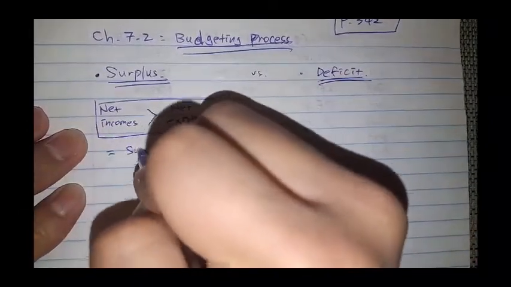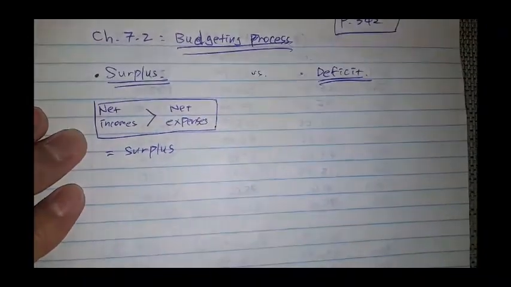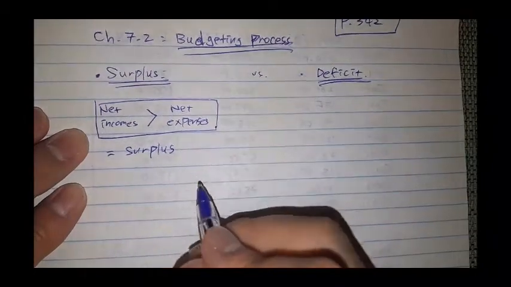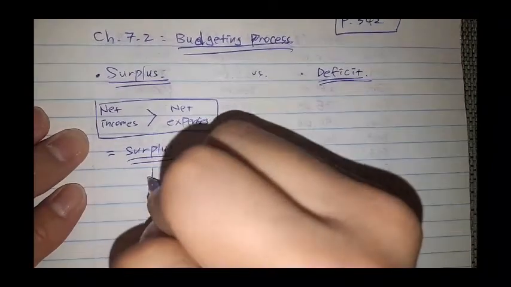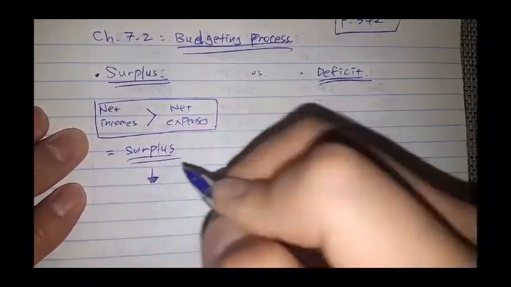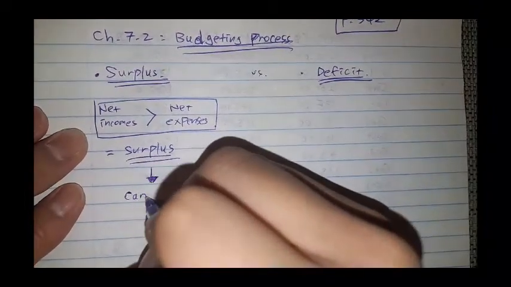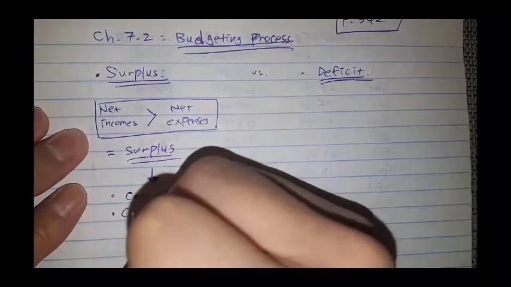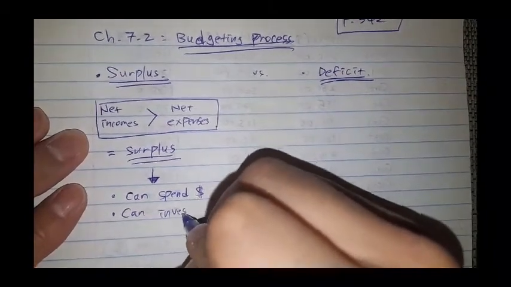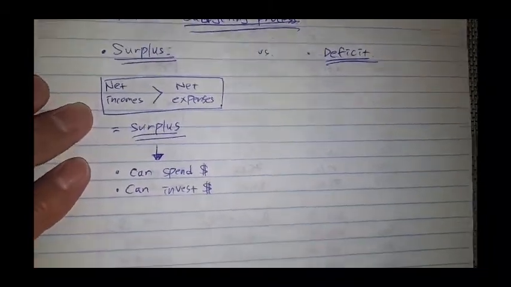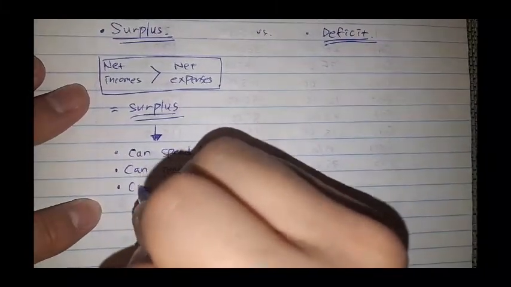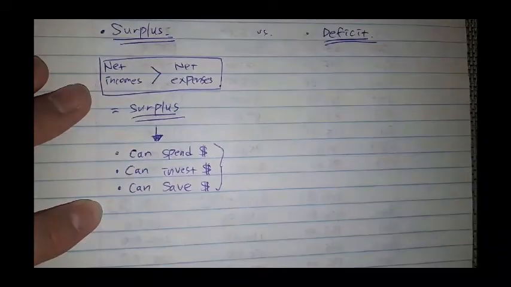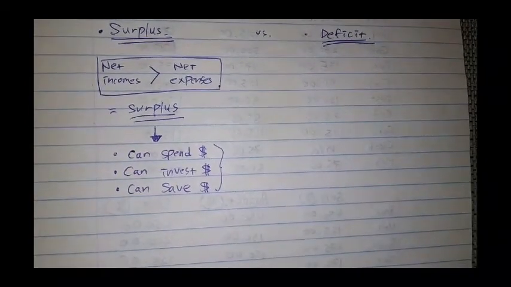That is what I like to call a surplus, because you have a choice. If you have a surplus, you can spend this surplus money, or you can invest it, or you can save it. So it is rather a happy struggle, if you will.